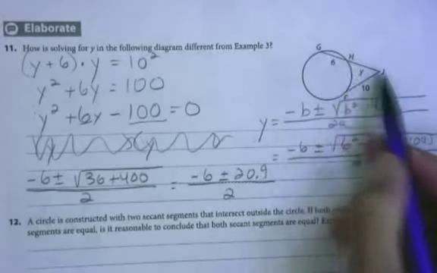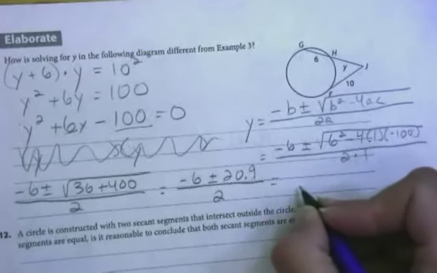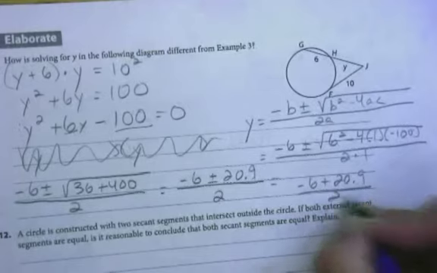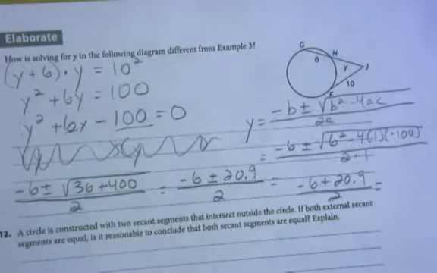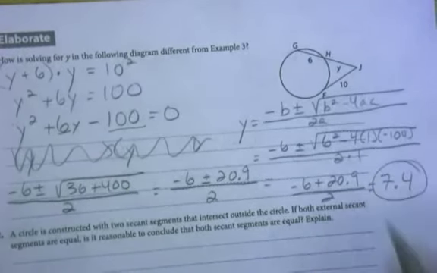Negative divided by 2 is another negative number. Y can't be a negative number. So I know it has to be negative 6 plus 20.9 divided by 2, which is 7.4.